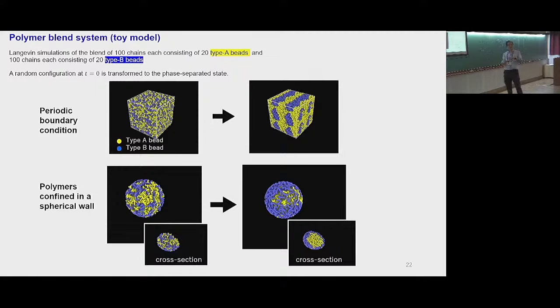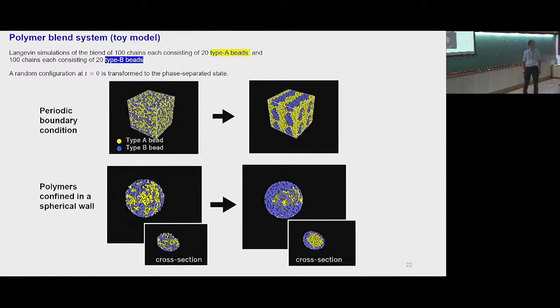So the larger movement of type A domains gains entropy, so it aggregates with each other. Type A compartment is formed at the center of this sphere to acquire the larger space for the movement. So this is some kind of entropic reason that's somehow similar to the Asakura-Oosawa depletion force.